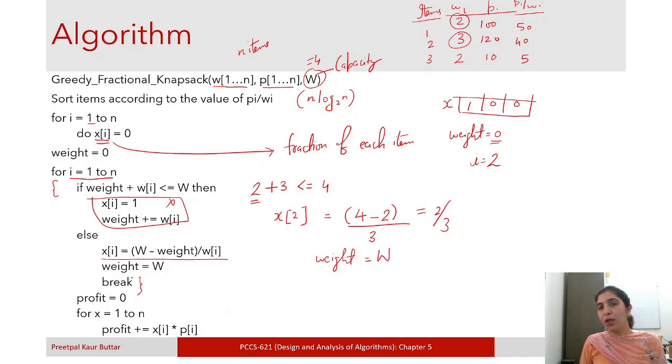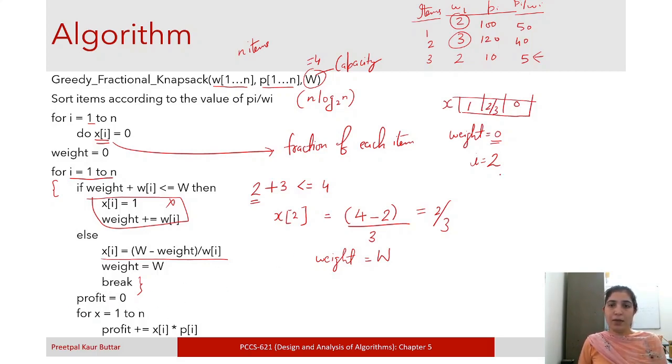We do not need to explore any further item because our knapsack is already full, so we execute a break here. xi is 2/3. So this is how this for loop ends, and after the for loop we calculate the profit.